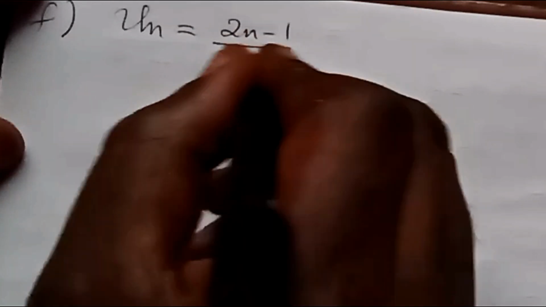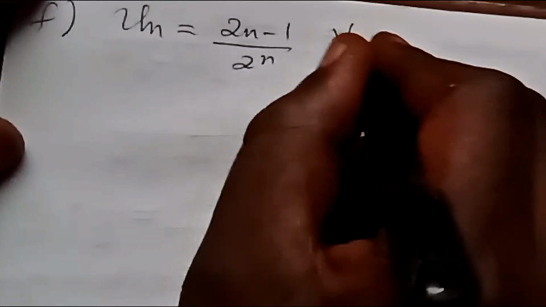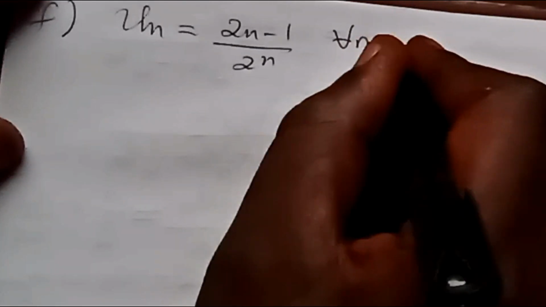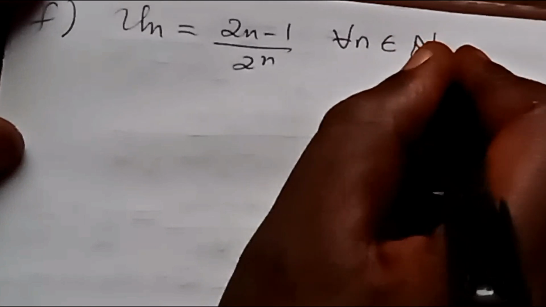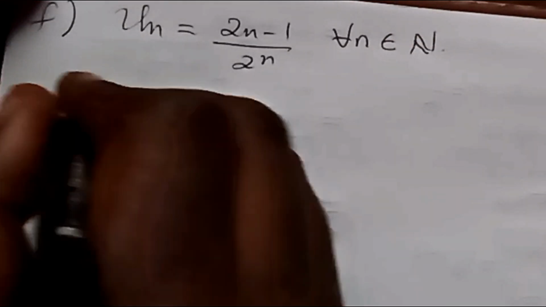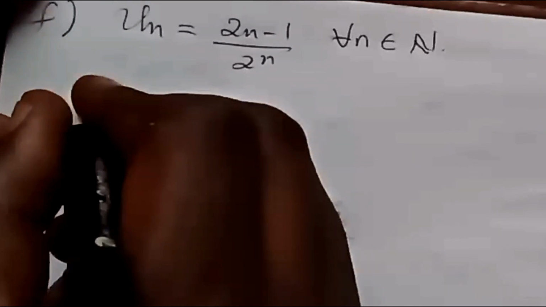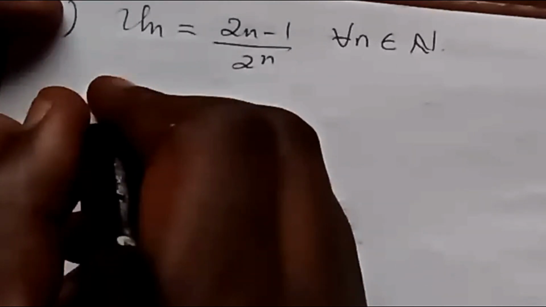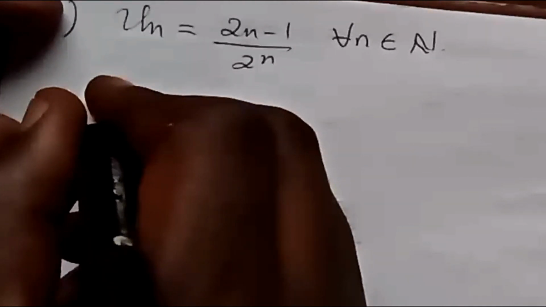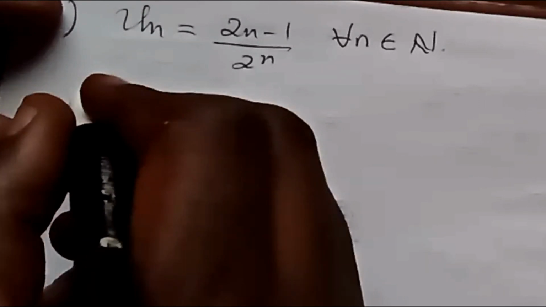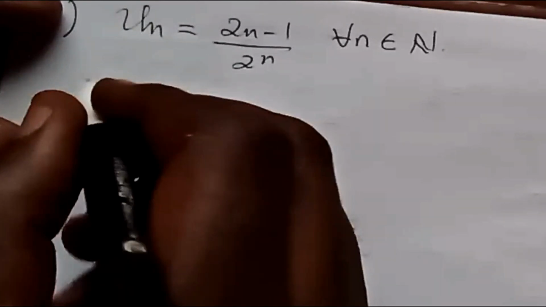In part F, we are asked to prove that Un equals 2n minus 1 all over 2 to the n for all n elements of natural numbers. In order to prove the general term of a sequence which is defined recursively, we have to make use of the recursive relationship.